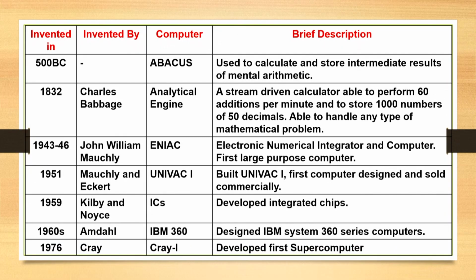This table will describe the computer, when it was invented and invented by whom. Abacus was the computer which was invented in 500 BC and it is basically used to calculate and store intermediate results of mental arithmetic.